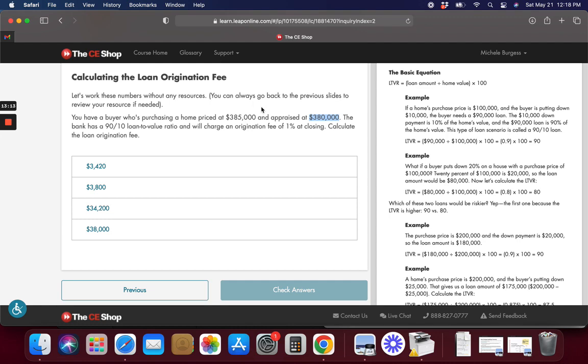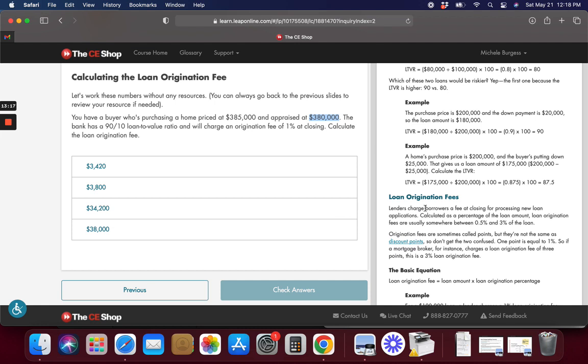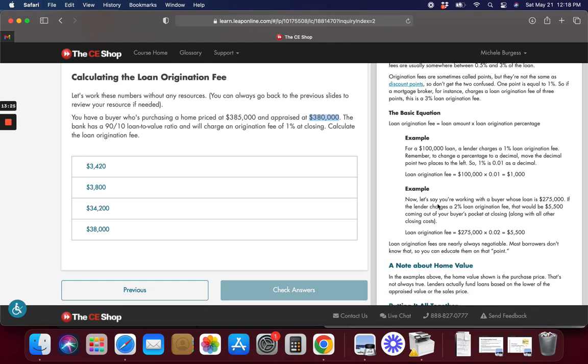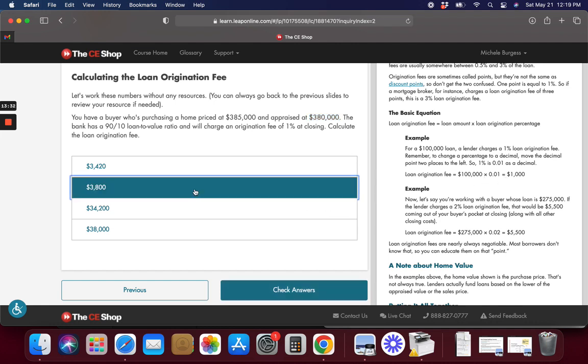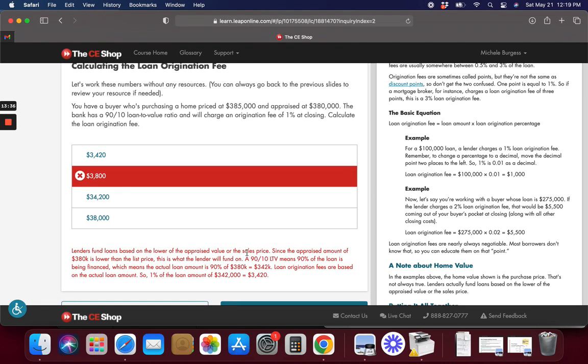We'll calculate the loan origination fee. Do we have an example of that anywhere? Right here, okay. 1%. So you're going to take the 100,000 times this, and I think it would be this one, or it's 38,000. Okay, so here's how they calculated this. Let's look at this.